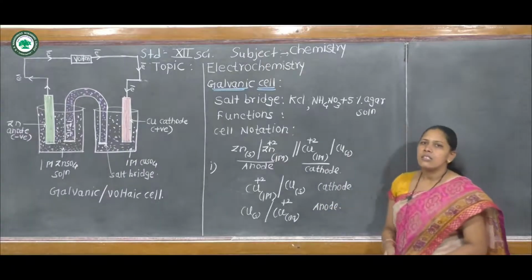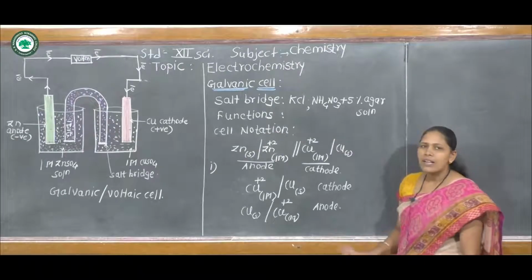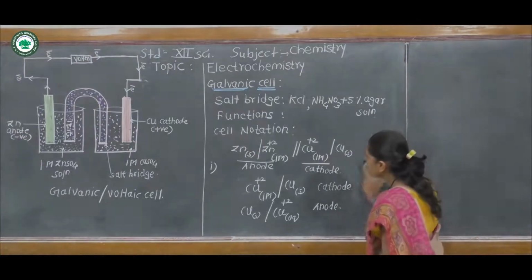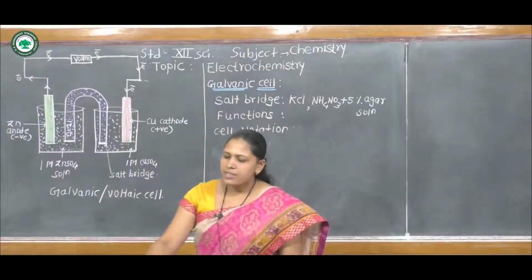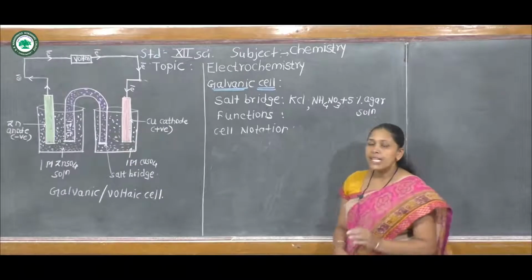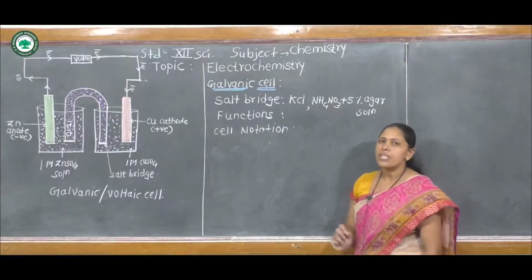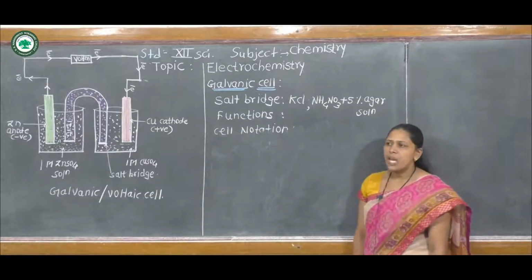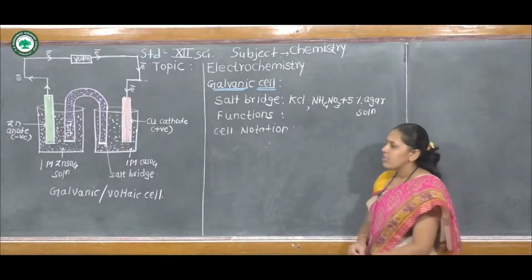These are some rules for writing cell notation. For example, a cell composed of a magnesium anode and a copper cathode.